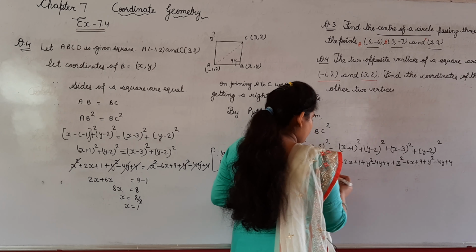Now what is the value of x? Value of x is 1. We will put this value here. 16 is equal to 2 into 1 square minus 4 into 1 plus 2y square minus 8y plus 18. So now on solving, what we will get?